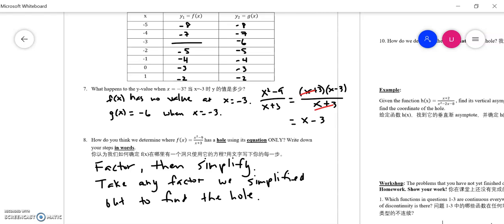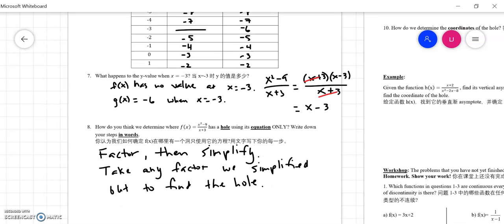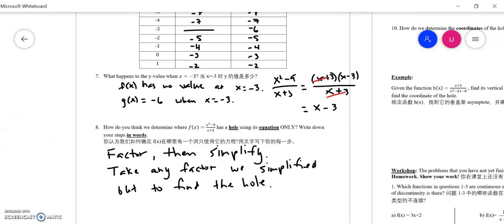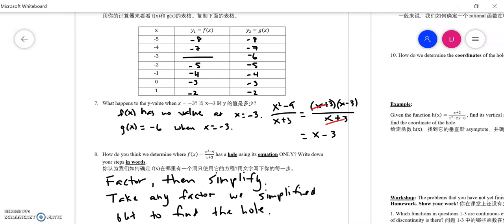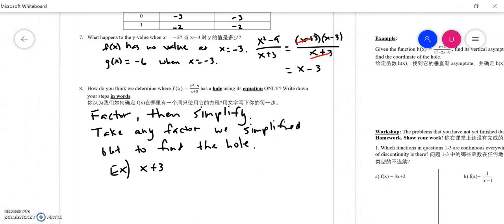So that factor is x plus 3. That's our simplified factor, from our example. Now, where was the hole? The place where we had no value was x equals negative 3.